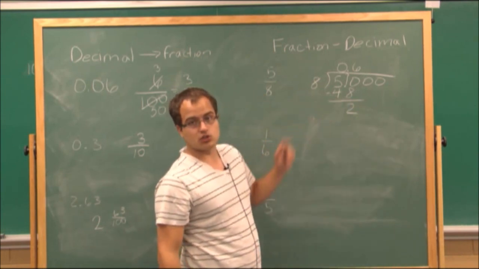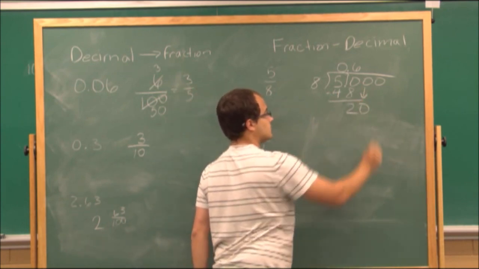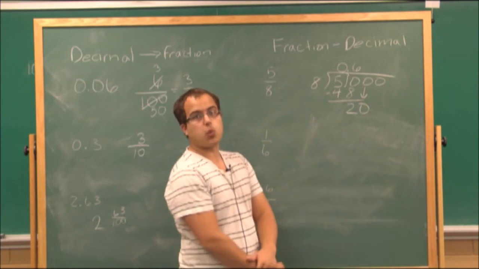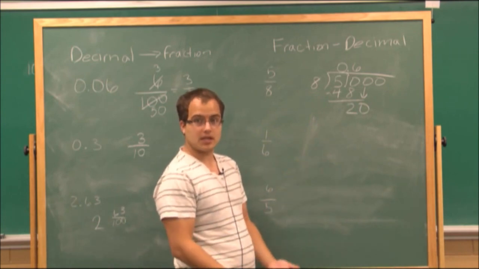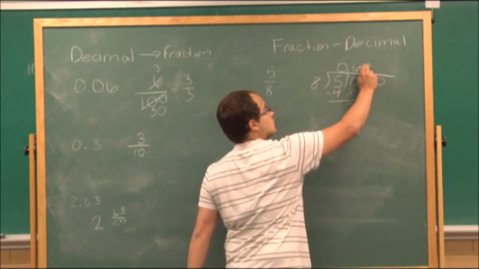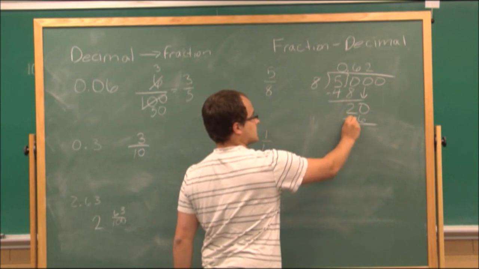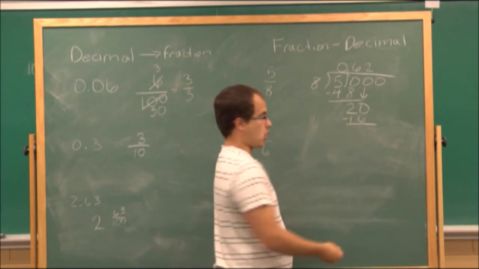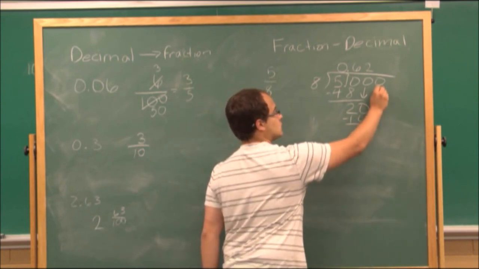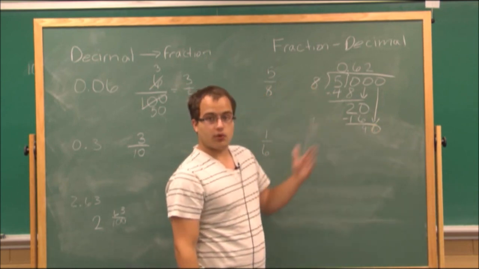Does 8 go into 2? No. That's good. So I drop down a 0. Does 8 go into 20? Yes. How many times? Twice. 2 times 8 is 16. 20 minus 16 is 4. And again, drop the 0. Does 8 go into 40?